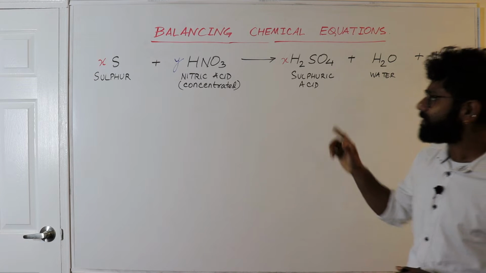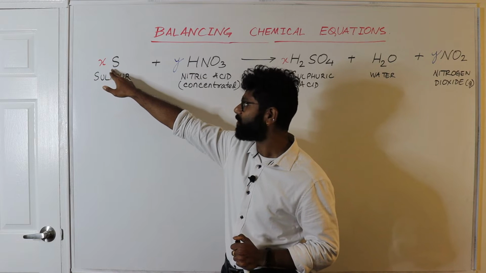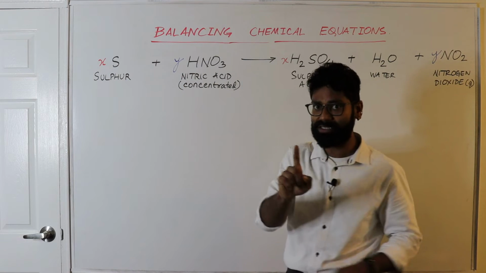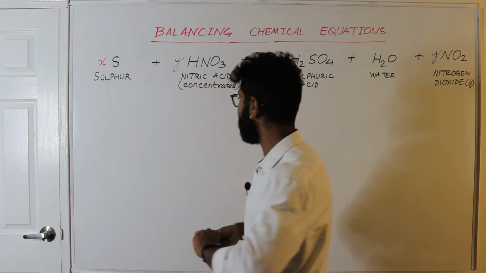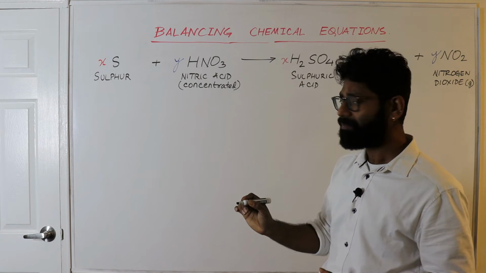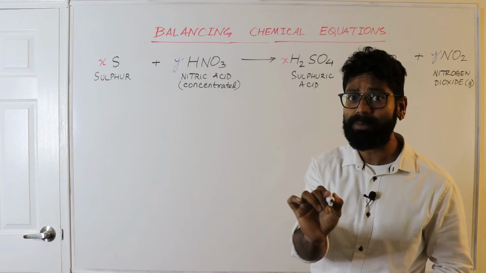Now what we'll do is we'll try to balance. So we have assumed the number of atoms for sulfur and nitrogen. Now the two things that remain are hydrogen and oxygen. Now let's see what happens to hydrogen. We'll just count the number of hydrogen atoms on the reactant and the product side, and we know that that has to be equal.